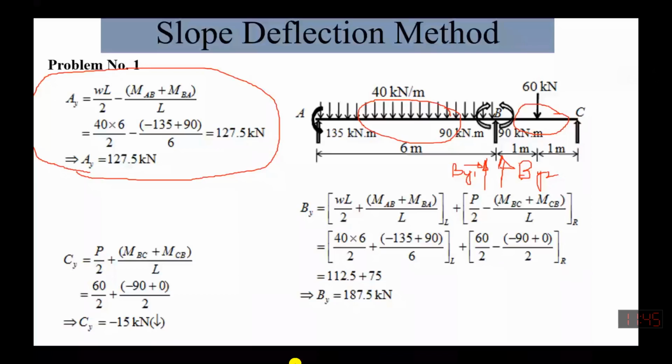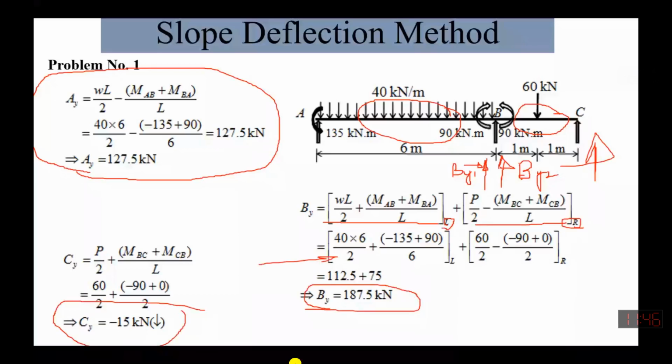Here we are denoting them as left and right, By left or By right. If we put in the values, we can find the value of By as 187.5. Similarly, we can find the reaction Cy as we have done for point A, and it is minus 15 kilonewton.